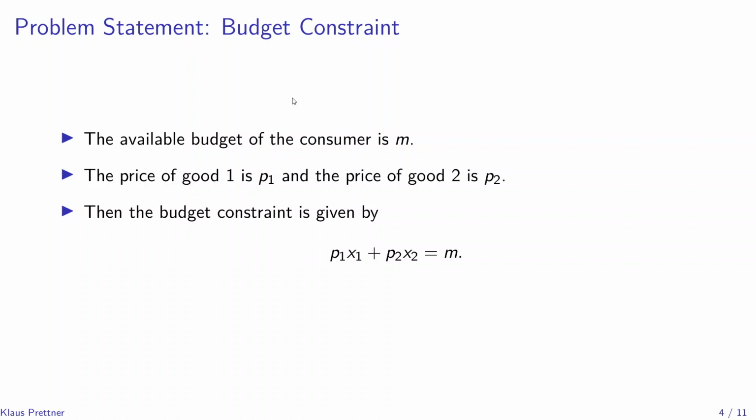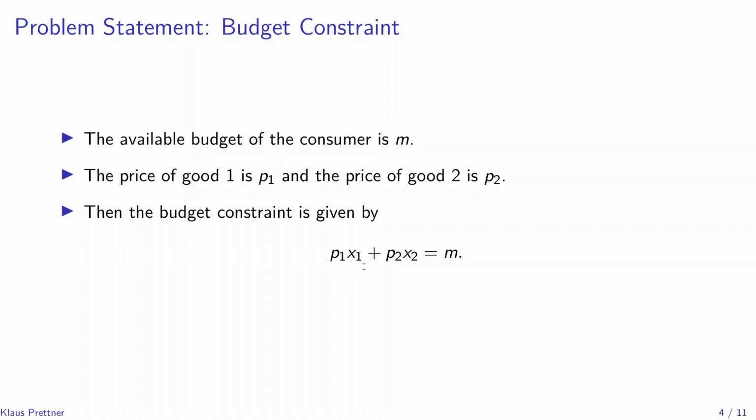The second element that we need in the problem statement is the budget constraint. Here we assume that the available budget of the consumer is M, so that's the money the consumer can spend. The price of good 1 is denoted by P1 and the price of good 2 by P2. Then it's clear that the consumer cannot spend more on x1 and x2 than the money that is available.